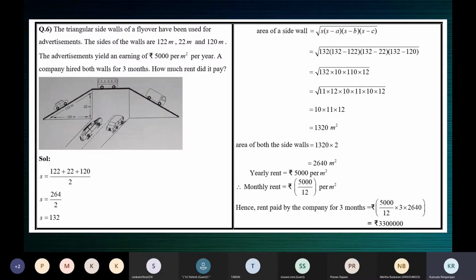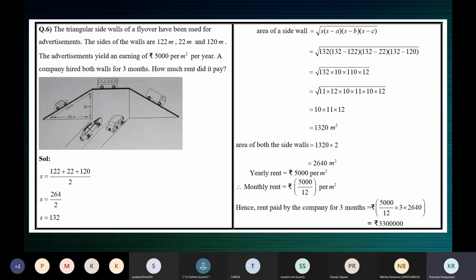We are just checking. If the square of the longest side is equal to the sum of the squares of the other two sides, then the angle opposite to that longest side is a right angle.